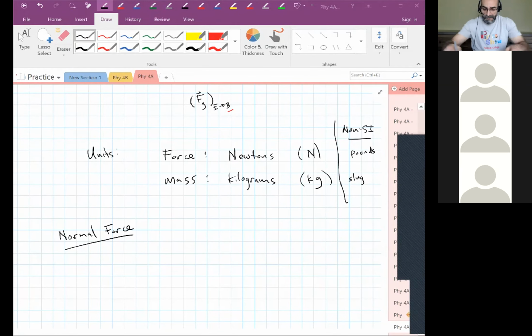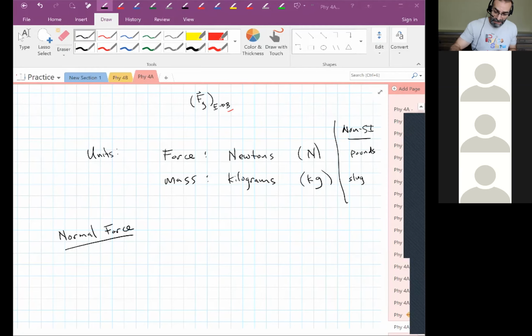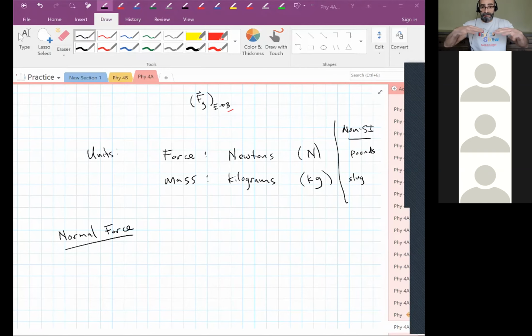So why is that? If we zoom in, we need a model, something to help us picture what's going on. Once we have a picture of what might be happening, it's easy to understand this phenomenon. Our picture is that the surface of that table is made up of a bunch of molecules bonded together.